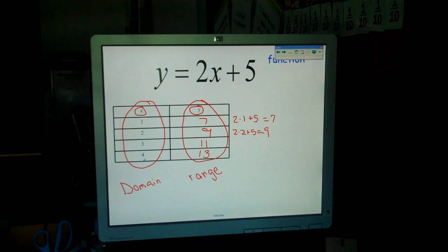We also know that x is our independent variable and y is our dependent variable. Y depends on whatever goes into this function. So it's waiting for x to tell us what's going to go in so we can get our answer for y.